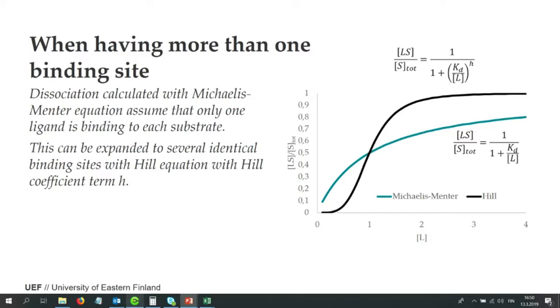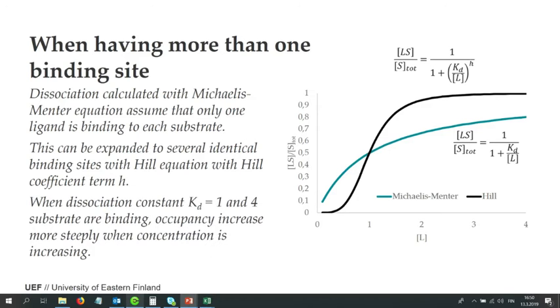When you compare these two equations, the only difference is this exponent h, called the Hill coefficient, and it means how many binding sites exist and whether they cooperate.